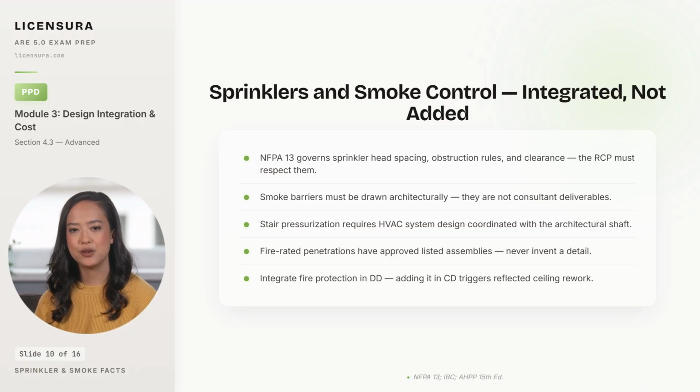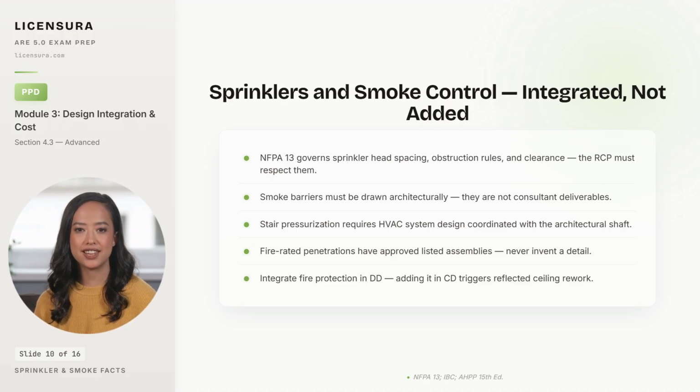Stair pressurization requires HVAC system design coordinated with the architectural shaft, including a dedicated supply fan, dedicated ductwork, and tested pressure differential at every door. None of that fits inside a regular shaft. Fire-rated penetrations have approved listed assemblies that come from manufacturers, and the architect specifies the listing.